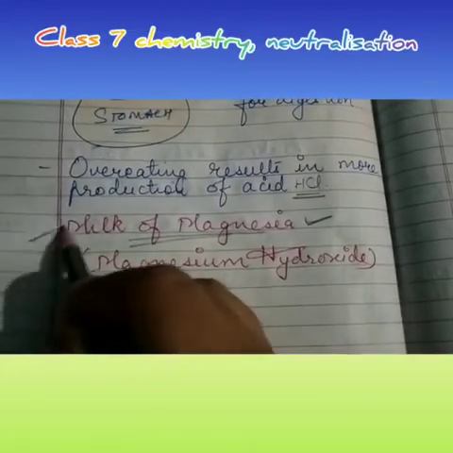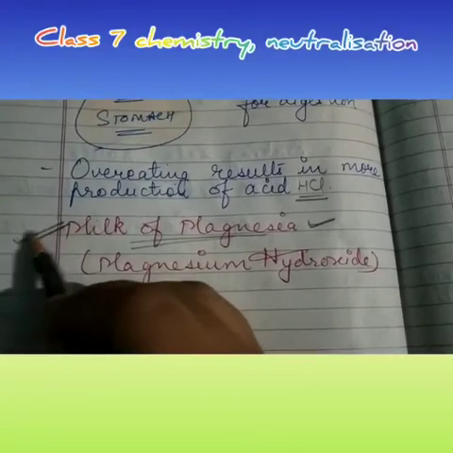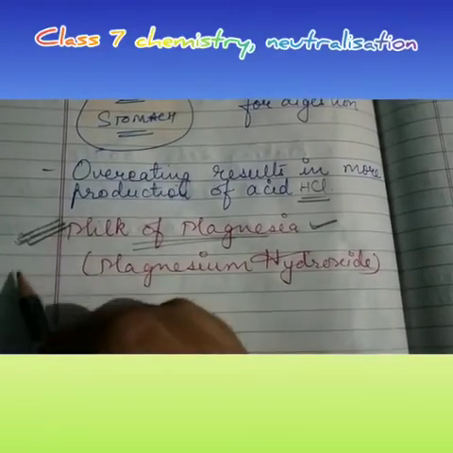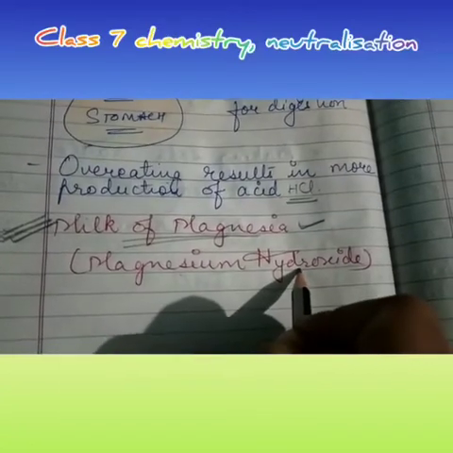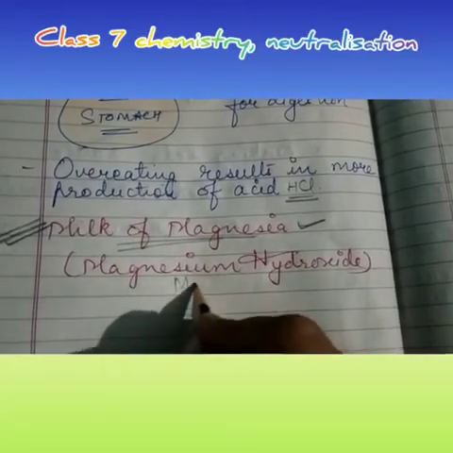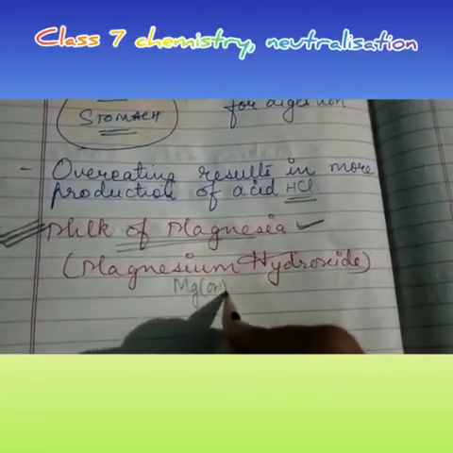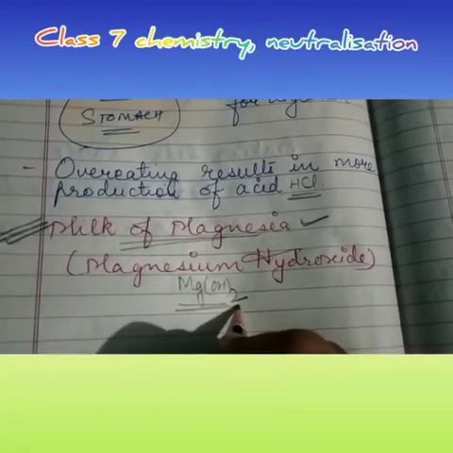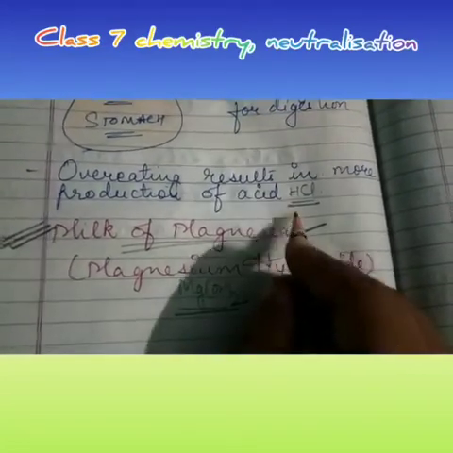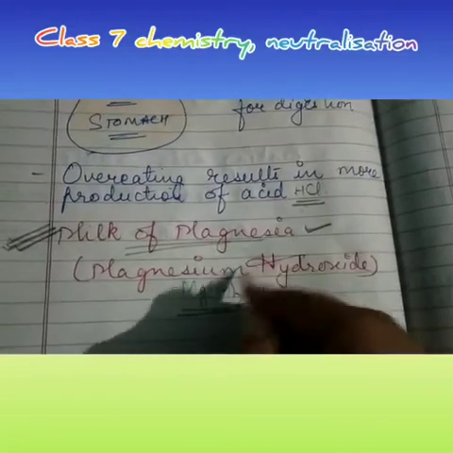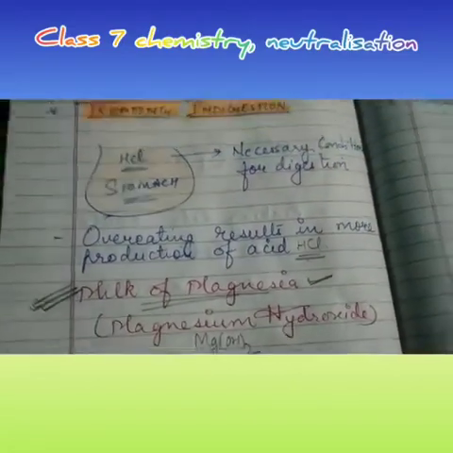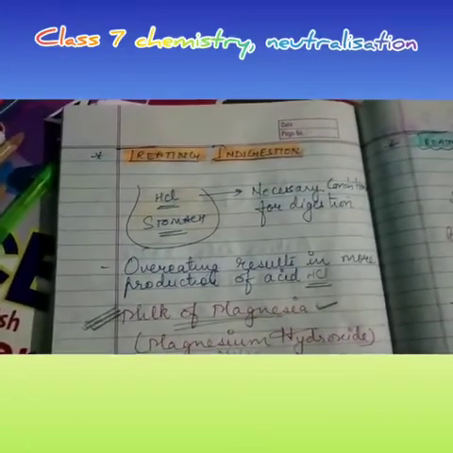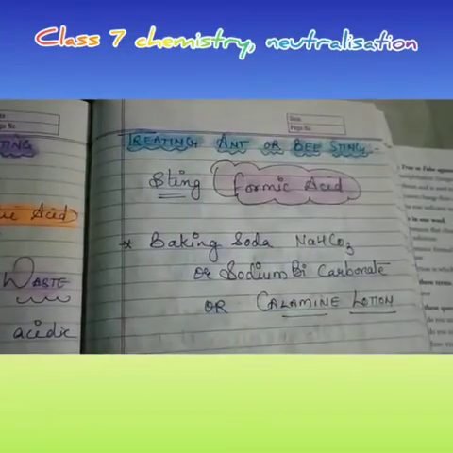It's very important. Keep in mind, what do we take when there is acidity? Milk of magnesia contains magnesium hydroxide, Mg(OH) taken twice. It's basic in nature. It neutralizes this HCl, and thus it helps in digestion. It helps in stabilizing the stomach condition. So this is the use of neutralization in treating indigestion.